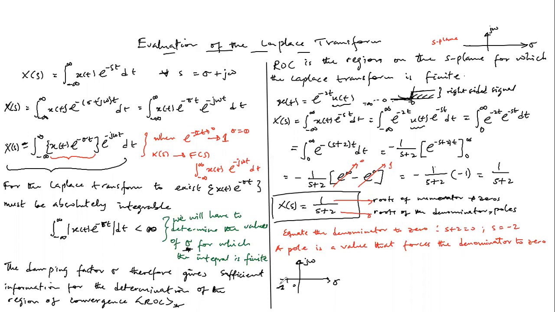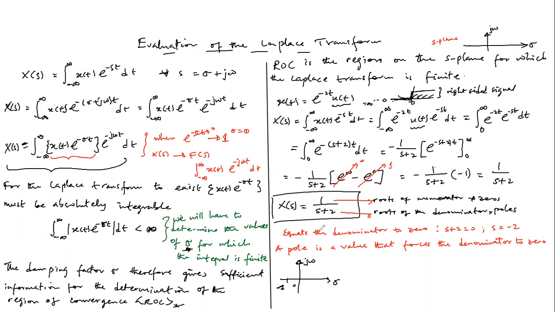Okay. Now, recall that I already mentioned that the sigma is multiplied by u of t. So by the direction of u of t, we know that it is a right-sided signal. And for a right-sided signal, it means that the region of convergence will be to the right. For a left-sided signal, the region of convergence will be to the left. We're going to talk about the properties of the region of convergence.